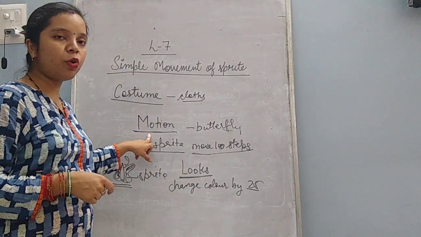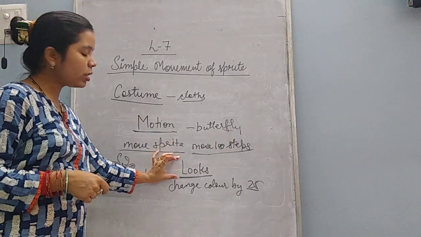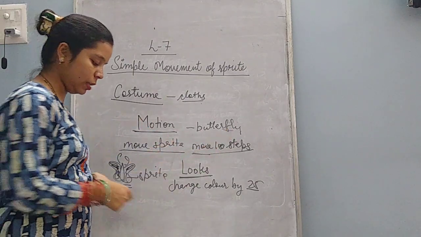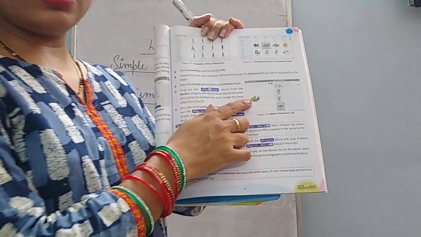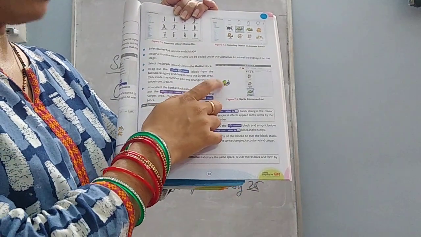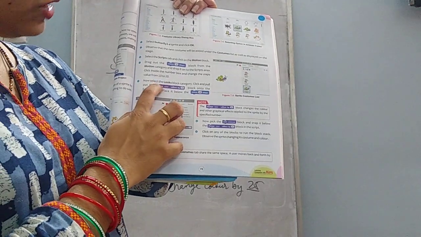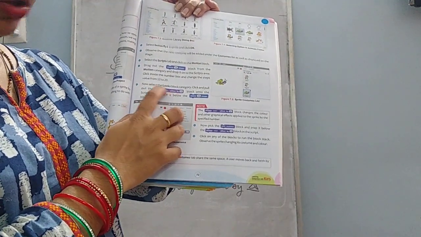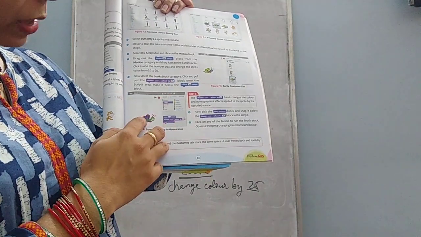So the motion block is used to move your sprite, and the looks block changes the color of the sprite. Like you can see in your book, this butterfly sprite is of yellow and green color. And if you want to change the color, you will go to the looks block, change color effect by. Choose this block, like 25 you have chosen, 25 is for blue.